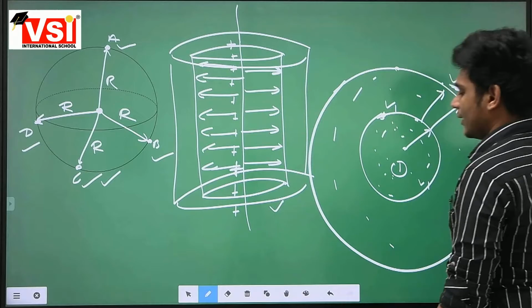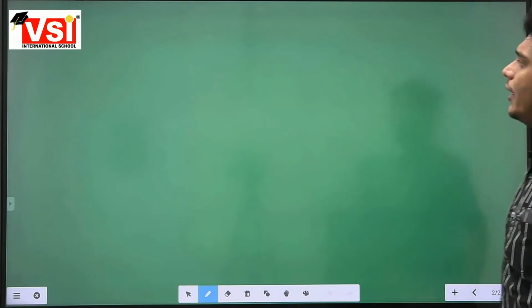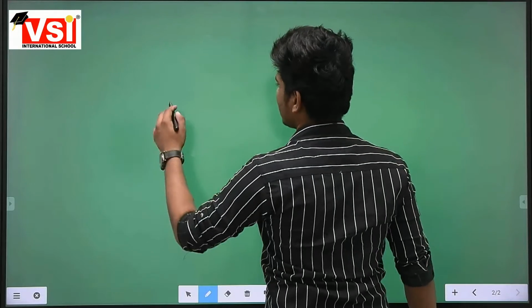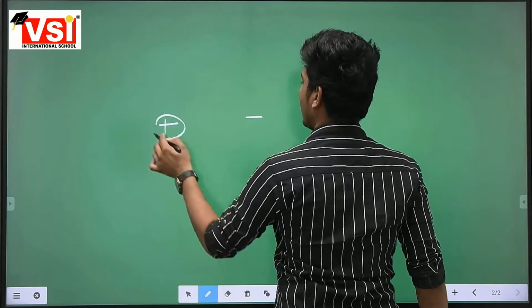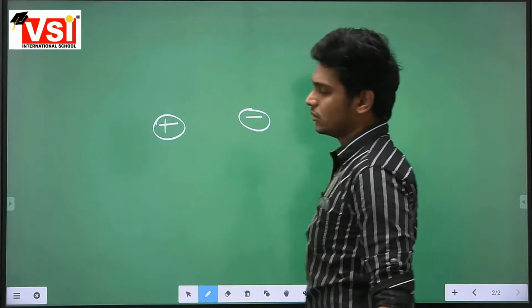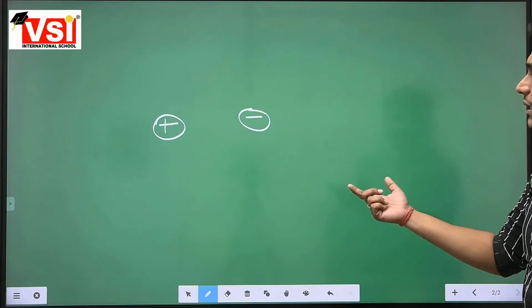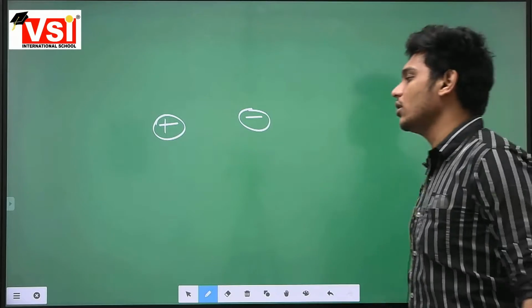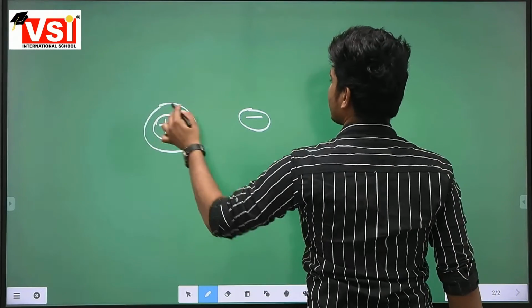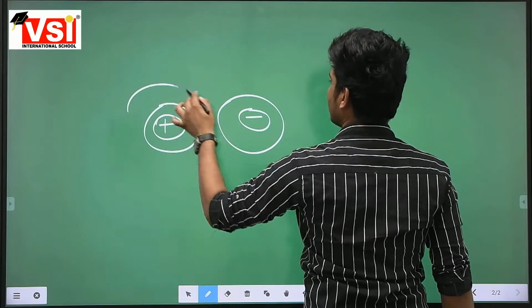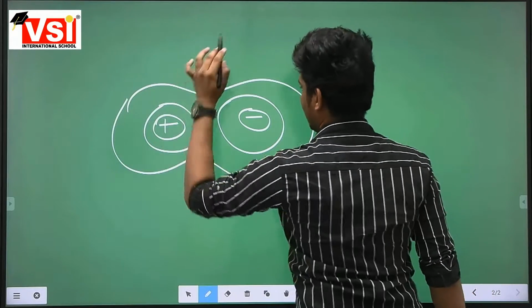Another example, another variation: if the charge is something like a dipole, there is a combination of charges having the same magnitude separated by a small distance, and both have opposite polarity. The equipotential surface for this kind of configuration will be something like this.